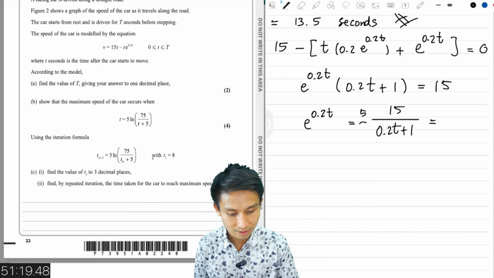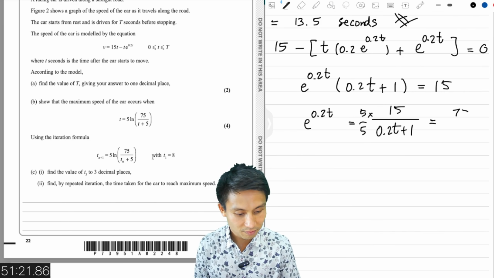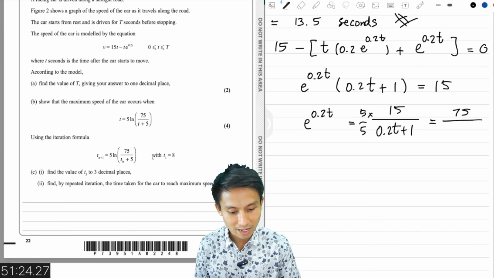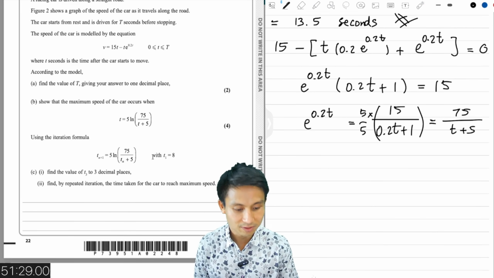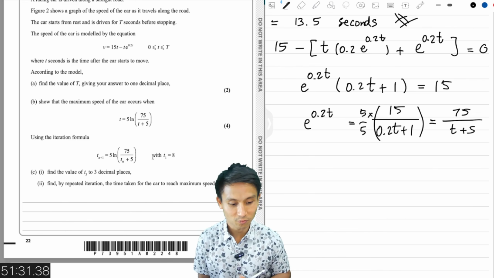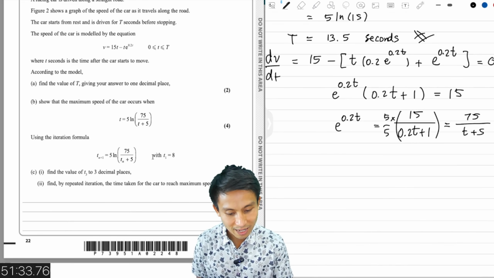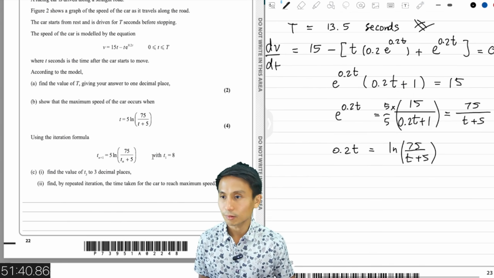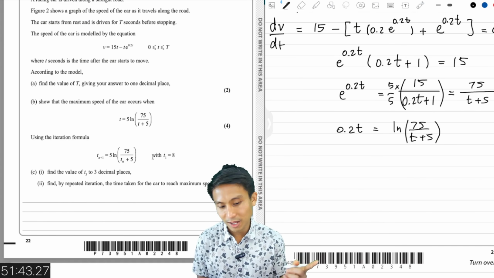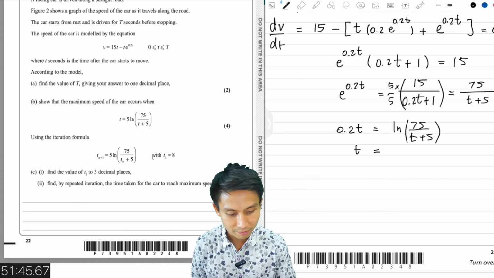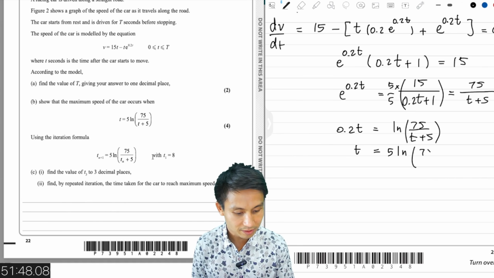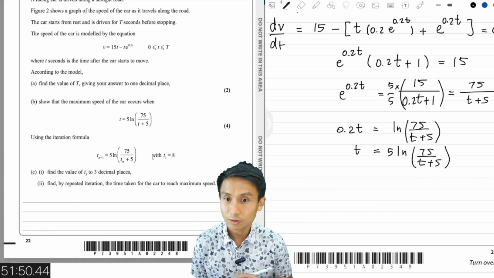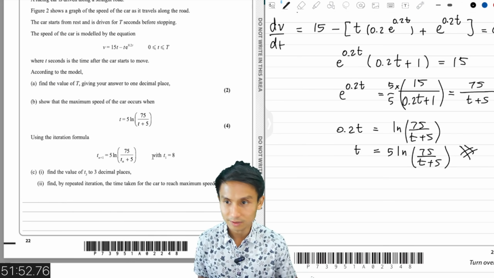So I'm going to have 75 here divided by, because I want to cancel the 0.2, t plus 5 instead, just in the brackets there. So if I take ln on both sides, I get 0.2t equals ln of all that, right? And if you divide by 0.2, it's just multiplying by 5, same thing. So we get that, which is as required. That's good.